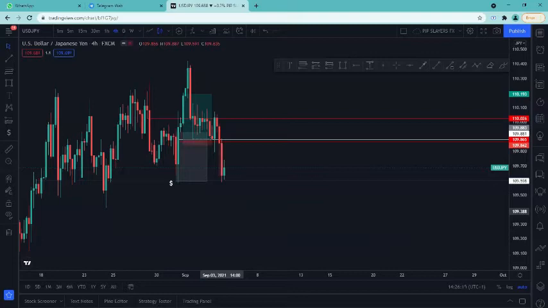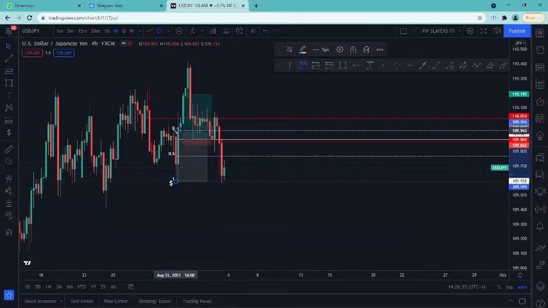Looking at this order block, we're always being told to mark up our entry at the 50% of the order block, at the open of the last candle, or at the close. But looking at this, if I take out my Fibonacci tool and mark up the 50% of this order block, I'll have my entry here, which is a very, very big risk to reward for me.